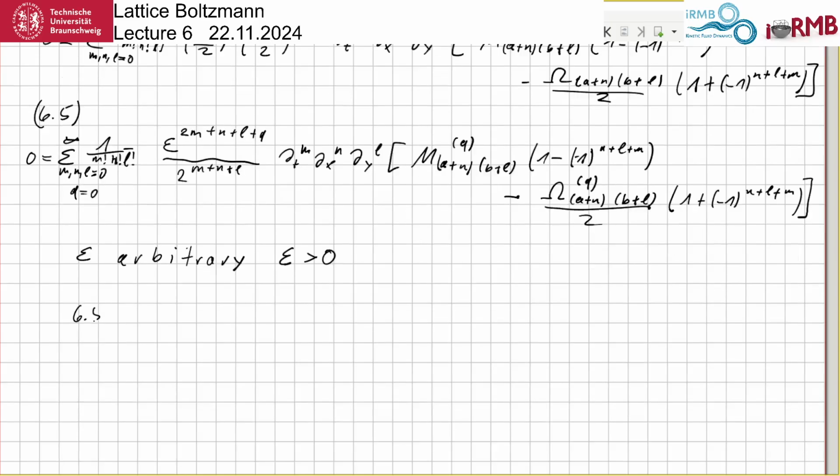This means that equation 6.5, which is equal to 0, will be 0 for all epsilon not equal to 0 only if each term of the epsilon order is 0.